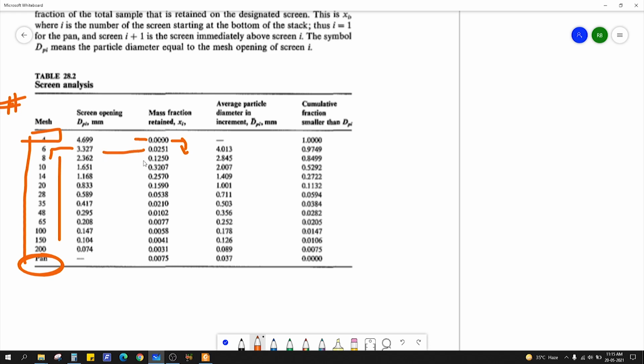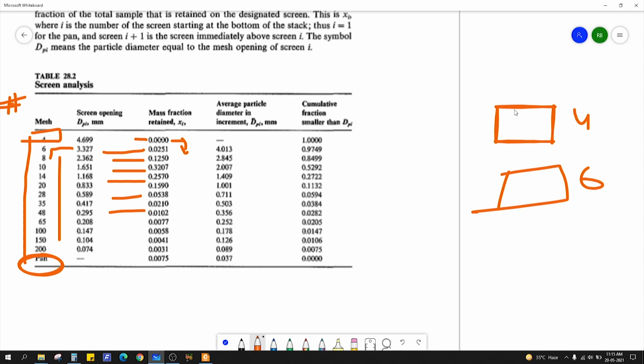So this is true for each mesh size. Okay, so you can calculate the mass fraction. And now, what is the average particle diameter in the increment? So what we are talking about is, let's say we have mesh 4 and mesh 6, right? The particles which are just equal to this opening will pass through it, right?